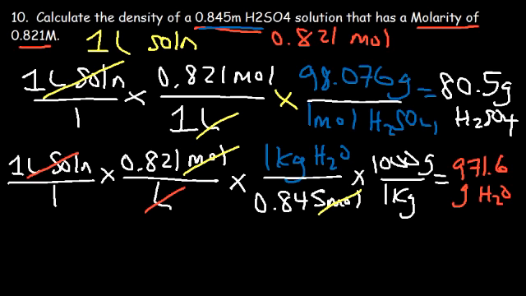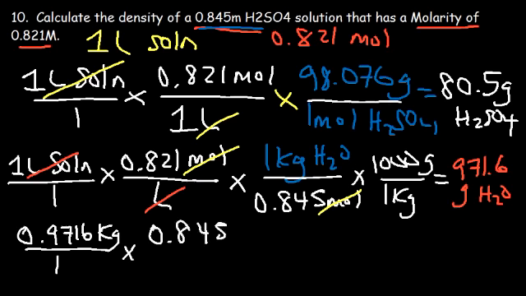Now, we know that these numbers make sense because 971.6 grams is the same as 0.9716 kilograms. And if you multiply the kilograms by the molality, which is 0.845 moles of solute per 1 kilogram, and if you convert that to grams by multiplying it by the molar mass of H2SO4, which is 98.076 grams per 1 mole of H2SO4, you're going to get this answer again.